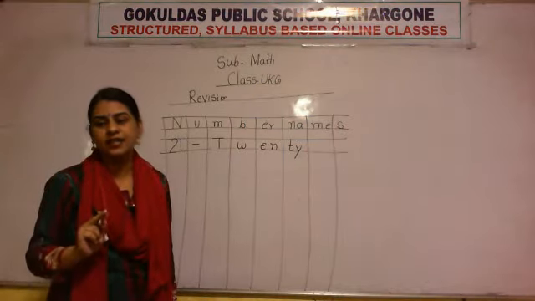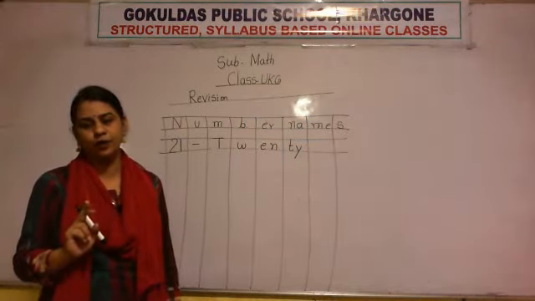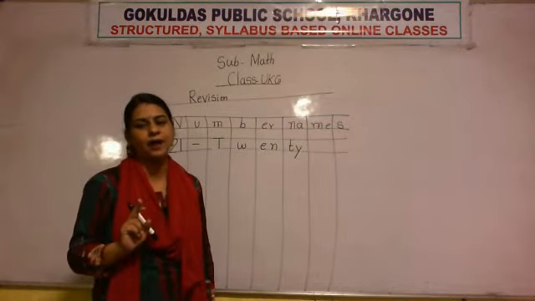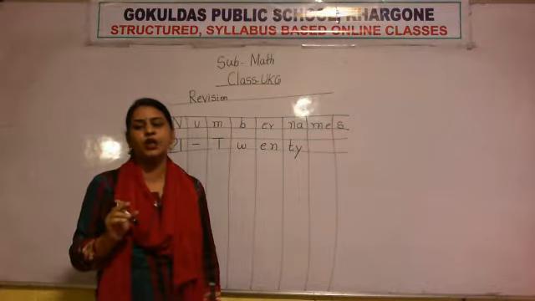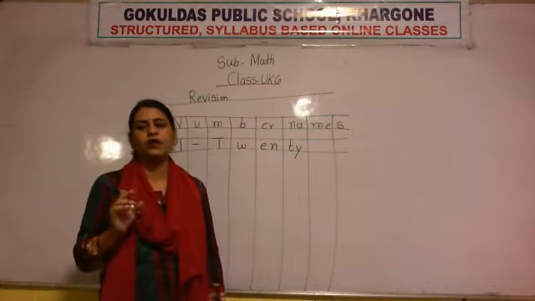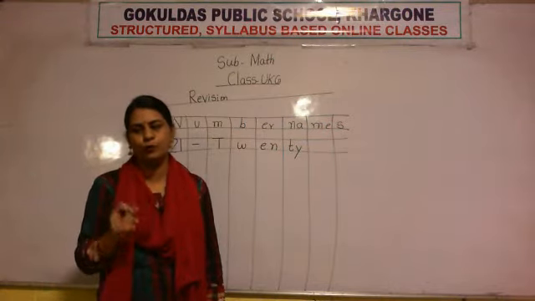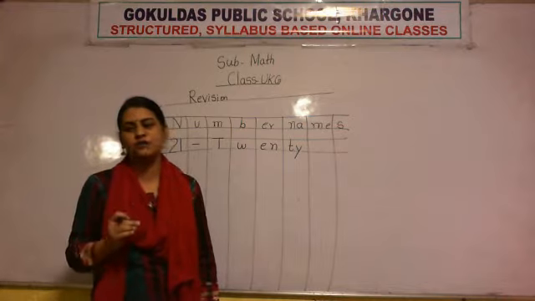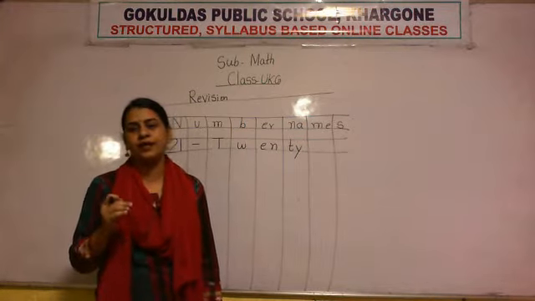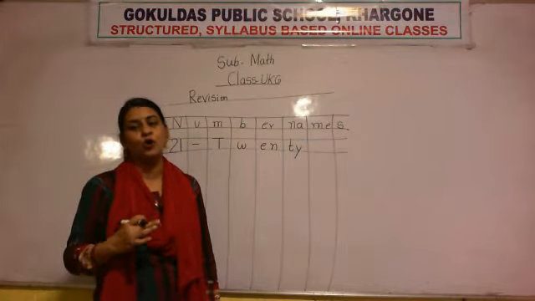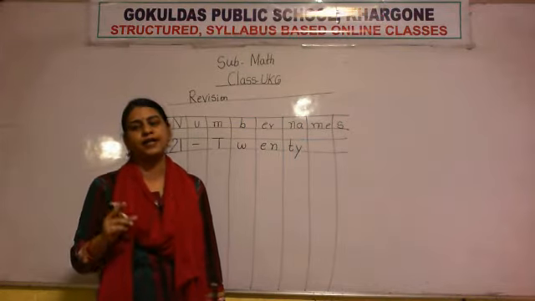In your last lecture I explained to you not to use capital letters in between. When I saw your notebooks, I noticed that most of the students had used capital letters in between also. So don't use capital letters in between.